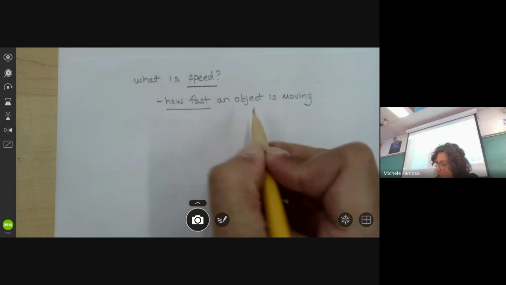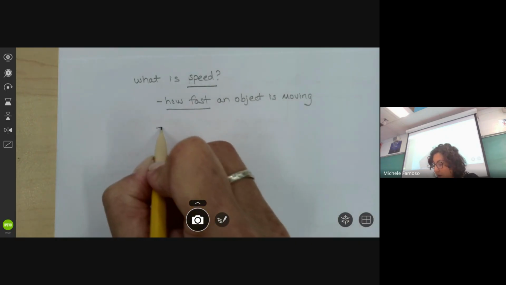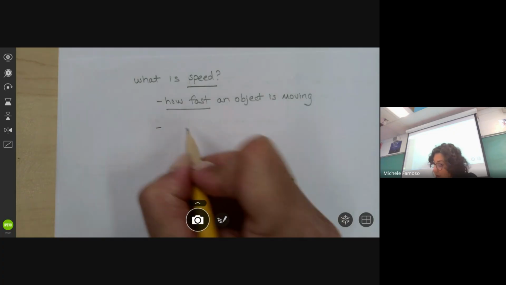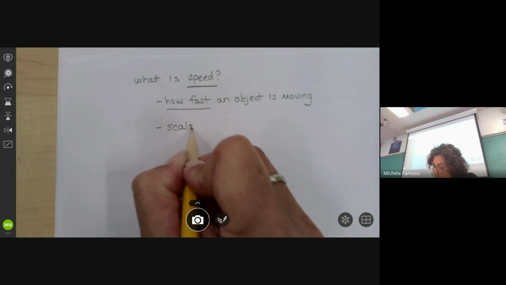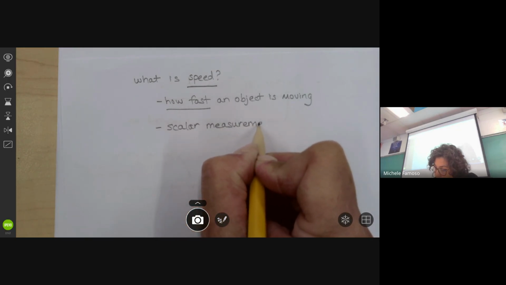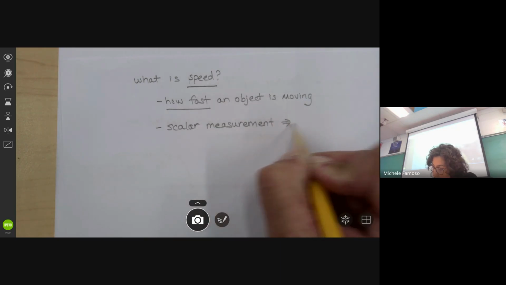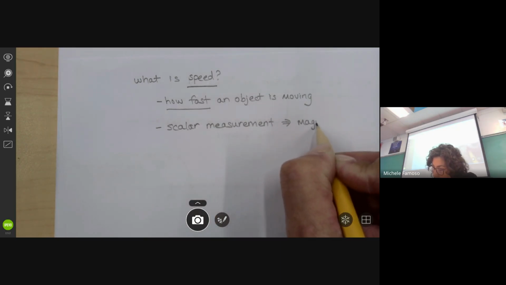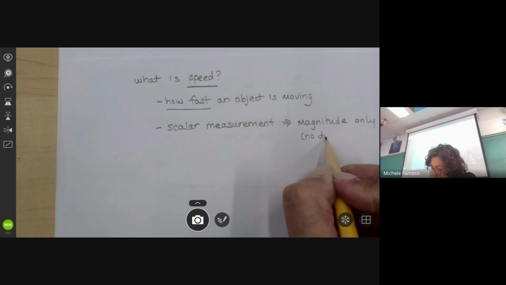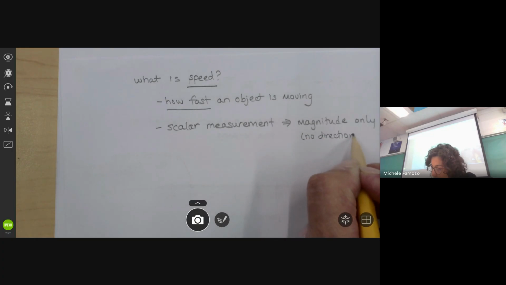Since there is no direction on this, do you remember what kind of measurement we would call it? Scalar, that's right. This is a scalar measurement, which means it has a magnitude only. There is no direction on these measurements.